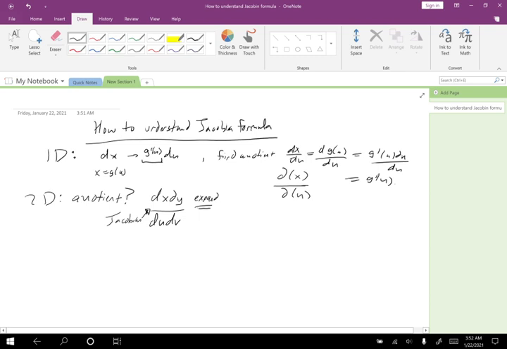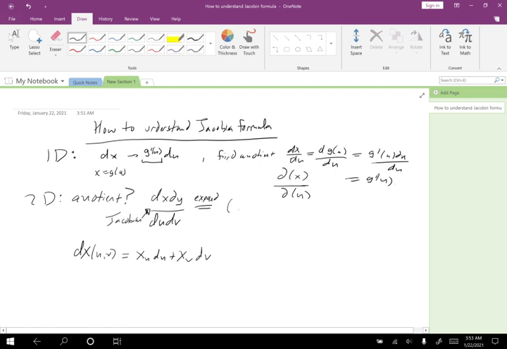Well, wait, let me back up one sec. Dx, if we write x as a function of uv, we just need to use partial derivatives. So there'll be two terms. You won't just have an x prime, you'll have an x prime in u and an x prime in v. So xu du plus xv dv.